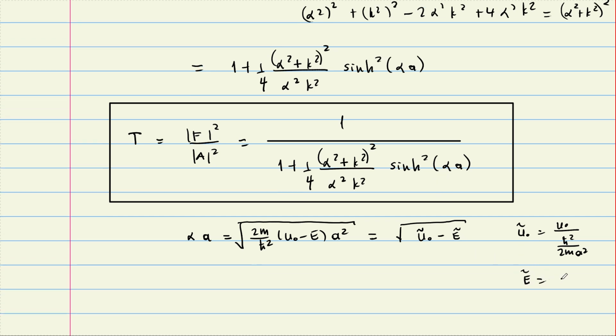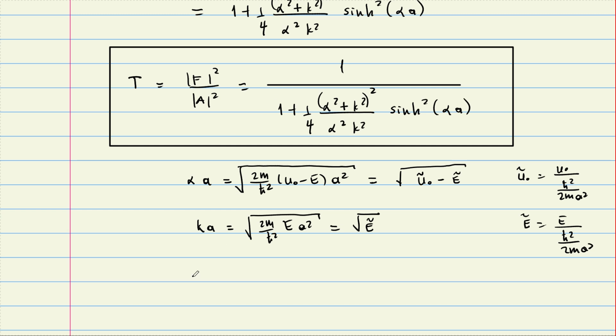E tilde is equal to e divided by h bar squared over 2m a squared. Similarly, k times a is going to be equal to 2m over h bar squared e a squared. This is going to be root e tilde. Good.